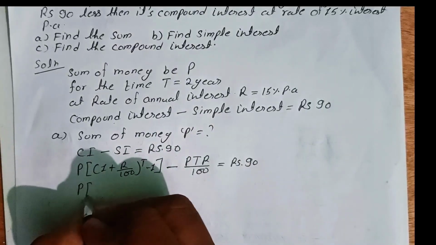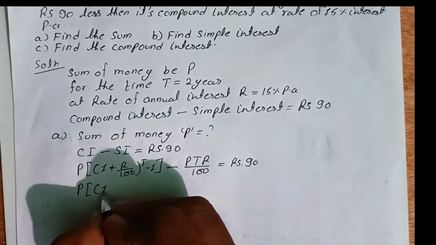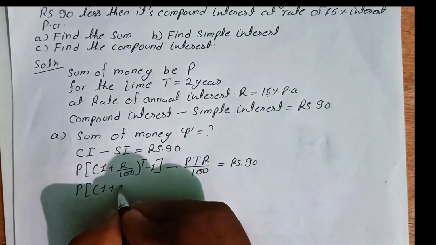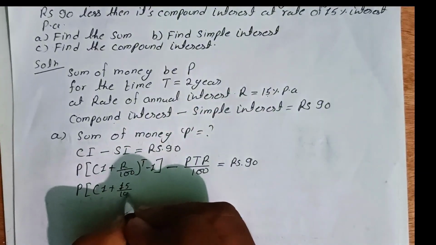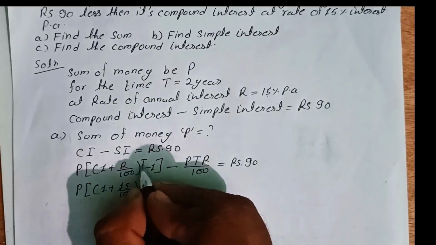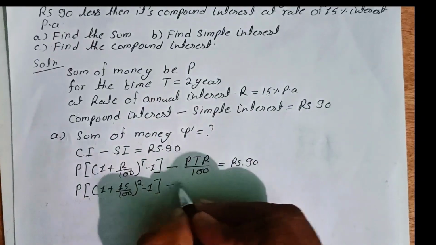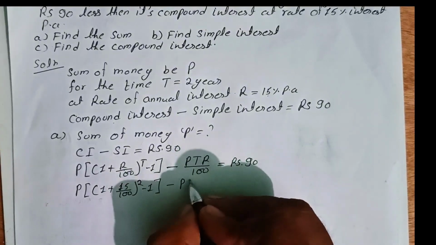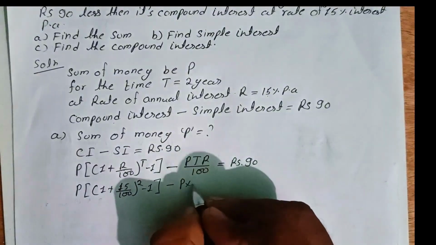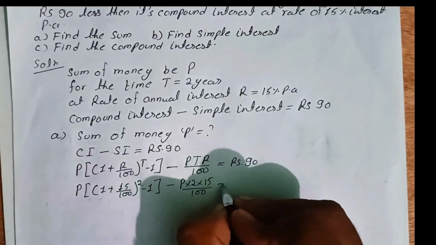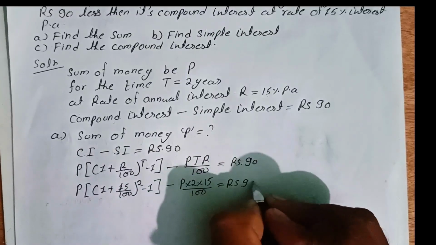Now we put the value of all the things. The rate R is 15%. P times (1 plus 15 upon 100) to the power T, that is 2 years, minus 1, minus P times the time 2 and the rate 15 upon 100, that is equal to Rs 90.